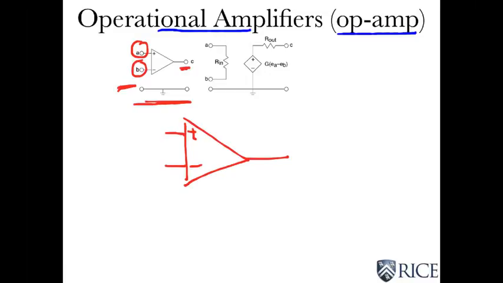The model for it, in terms of ideal circuit elements for the operational amplifier, is as follows. There's a resistor Rn between the two input nodes, and here's our dependent source, a voltage-dependent voltage source, that is some gain times the difference of the two voltages here.